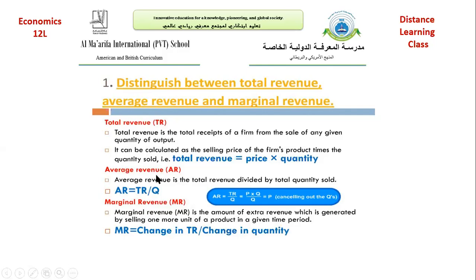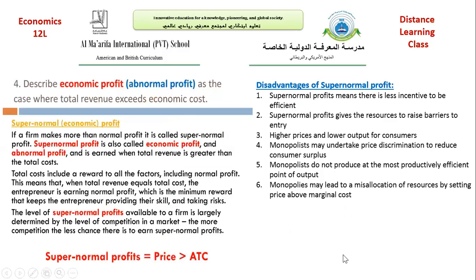What does average revenue, AR, mean? It's total revenue over quantity. Marginal revenue is the amount of extra revenue generated by selling one more unit of a product in a given time period. The formula for MR, again we're revising, is the change in total revenue over the change in quantity.